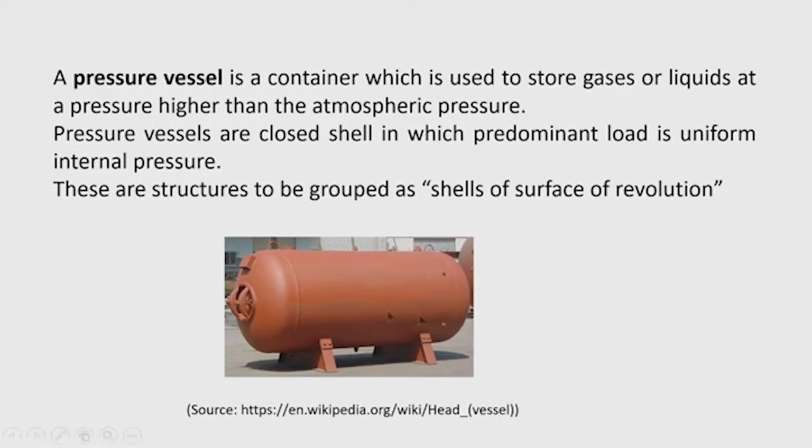Here the axis of revolution is horizontal, and a straight line is rotated to form the cylindrical portion of the pressure vessel. Similarly, the head that you are seeing at the end is a spherical part. So, an arc of a circle is rotated about the axis of rotation to form the closure of the shell, the end closure.